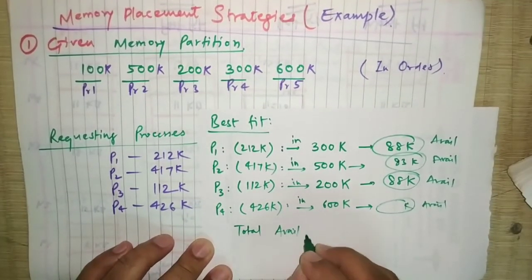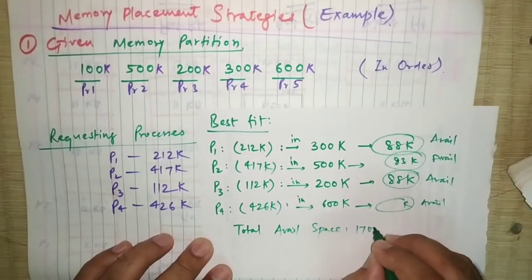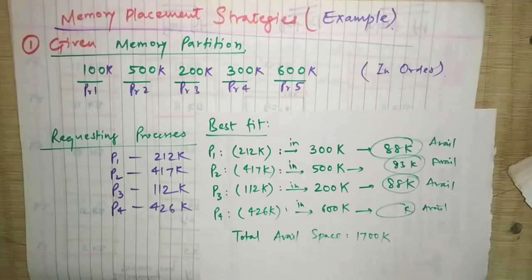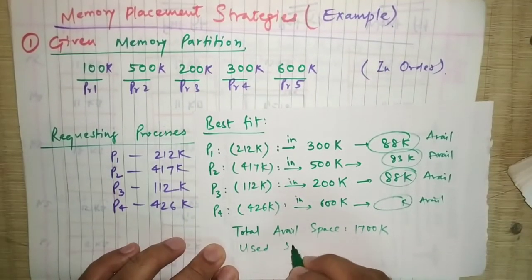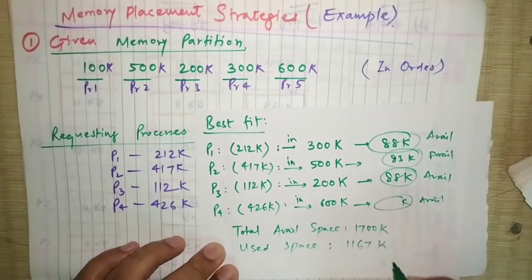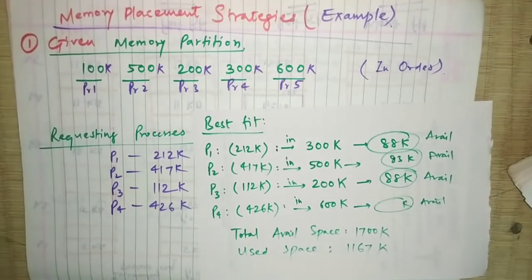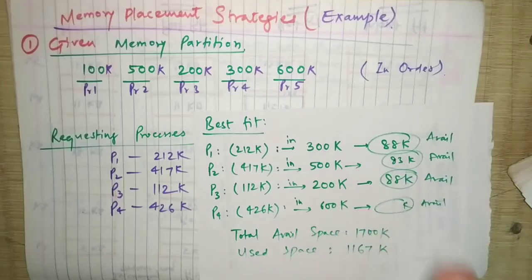Total available space was around 1700k, and the used space is around 1167k. So all the processes are fit inside this strategy, and in the first fit one process was remaining. Okay, thank you so much.